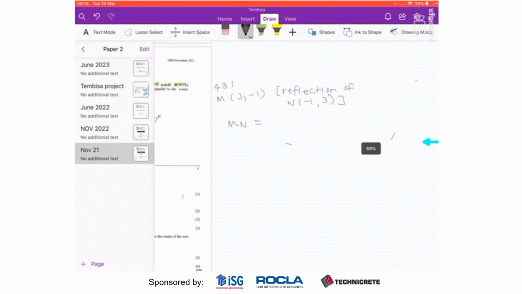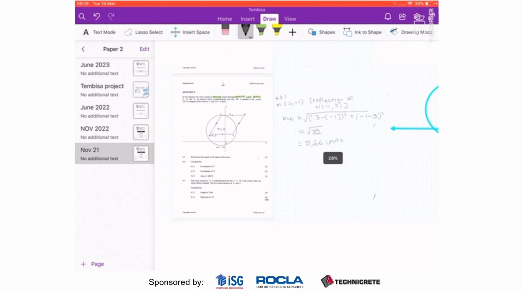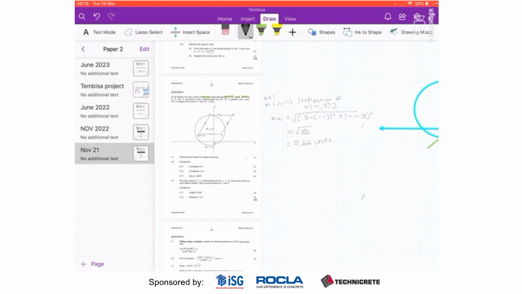So -3 -1, those brackets squared, plus -1 minus 3 squared equals... So if you put this into your calculator, we're going to get √32, which is equal to 5.66 units. Okay, that was a 3-mark question. Knowing to use the distance formula, substitution, and your answer.